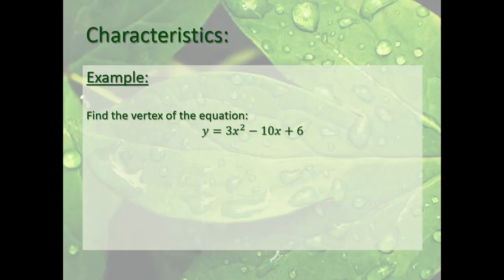Okay, so we have the formula for the x coordinate. This is standard form. Negative b over 2a, so that's what we're going to do. There's a, there's b, of course there's c.